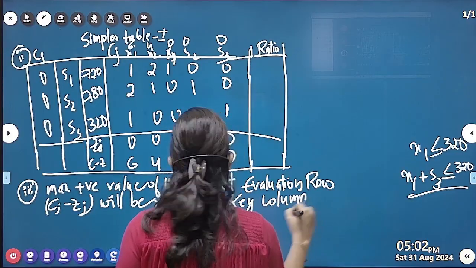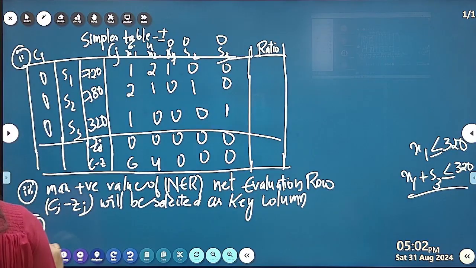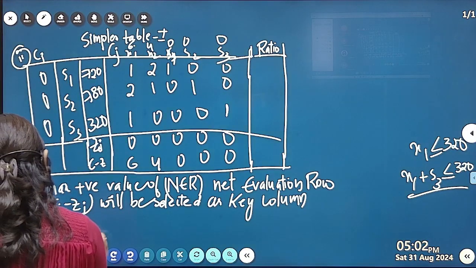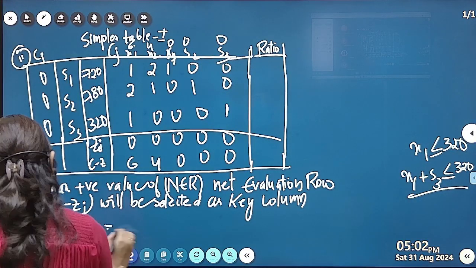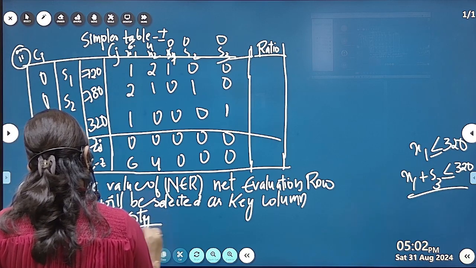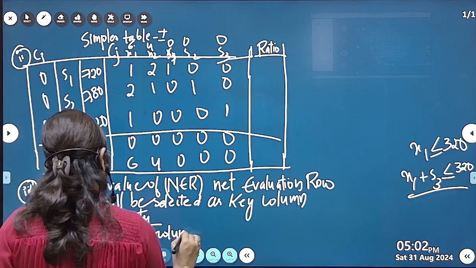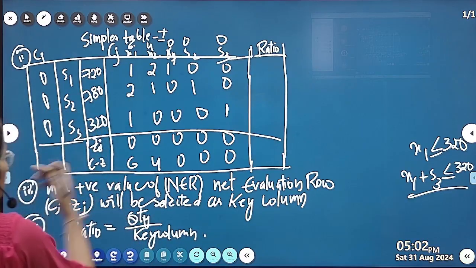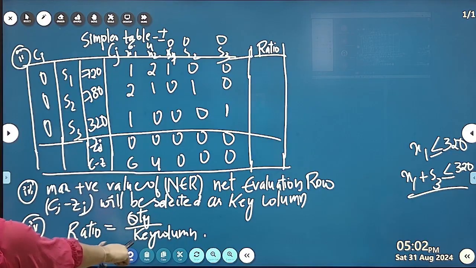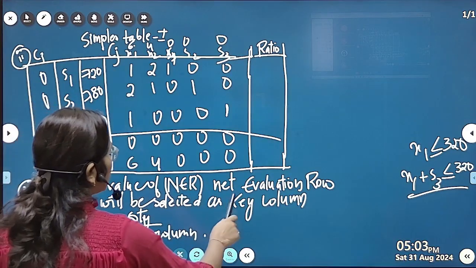So copy this. Next, the fourth point will be: ratio is equal to quantity divided by key column. So the ratio we have to calculate by this formula.